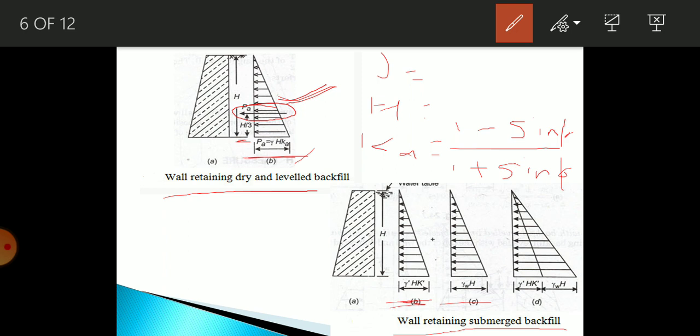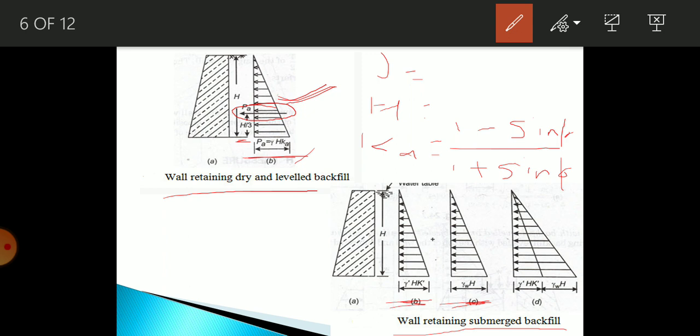And this second diagram, denoted by C, is the lateral pressure diagram due to water. The base of that lateral pressure diagram due to water will be equal to gamma W into H. Gamma W means the unit weight of water, and H means the height of backfill.